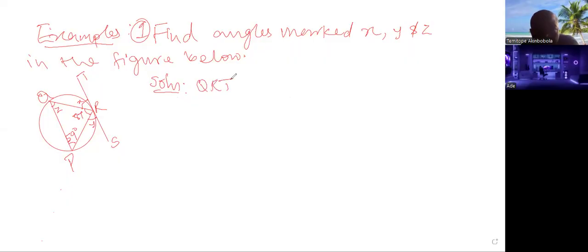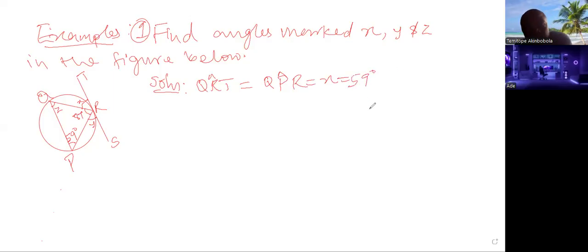QRT is equal to QPR, and that's equal to S, which is equal to 59.